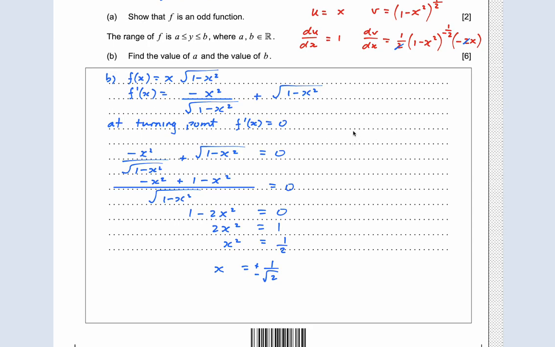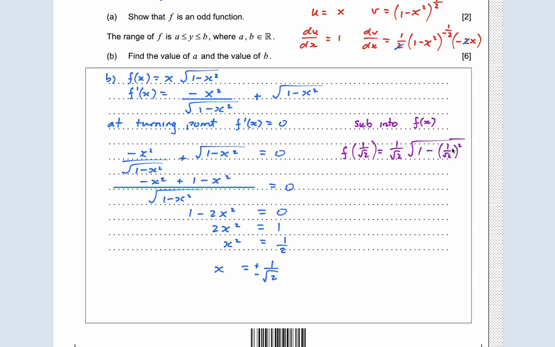So sub into f of x. So I'm going to get f of 1 over root 2. This is going to be 1 over root 2 times the square root of 1 minus 1 over root 2 squared.